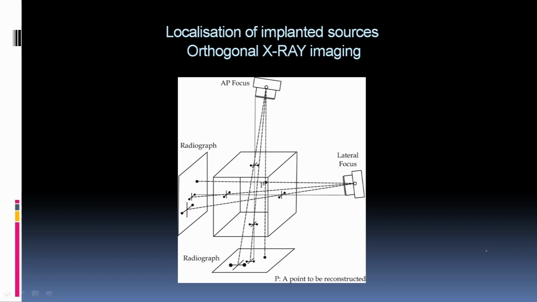The first one is the conventional method, that is orthogonal X-ray imaging, by which we need to take X-ray images from the anterior-posterior direction, and we need to take X-ray images laterally, that means 0 degree and 90 degree angle.